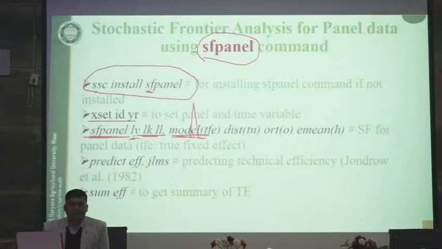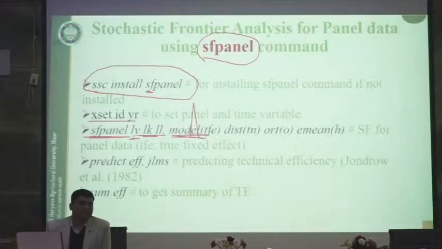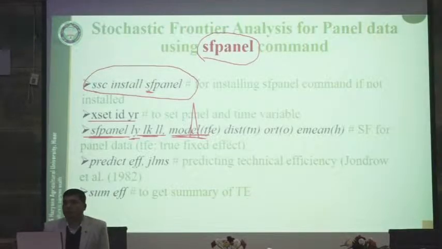Then you can write the name of the model, and the TFE is true fixed effect. This dist is the distribution, and this tn is truncated normal, and this ort is orientation, and o means output.